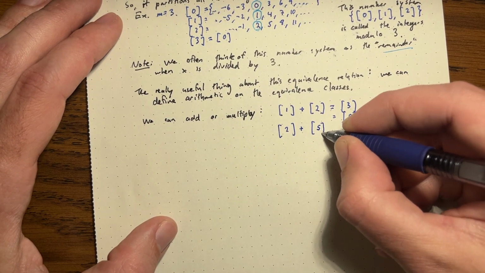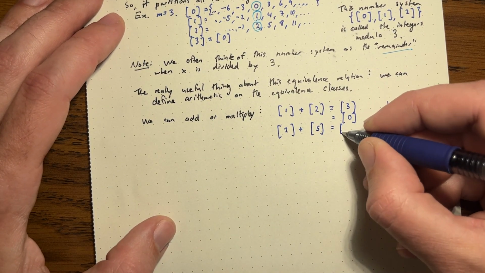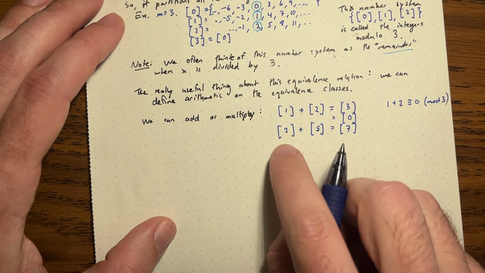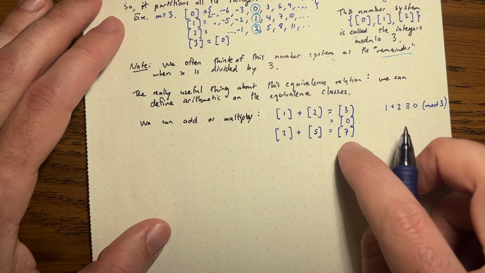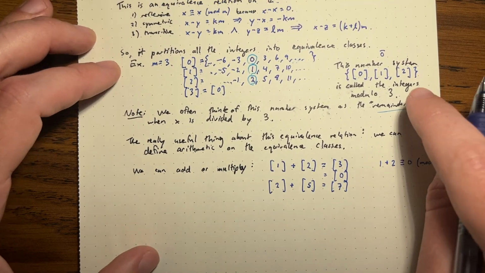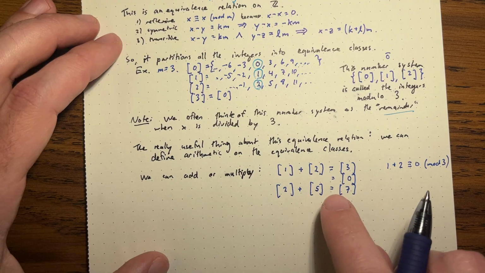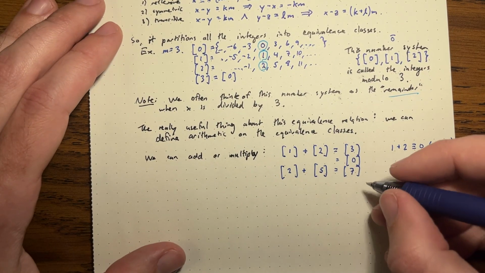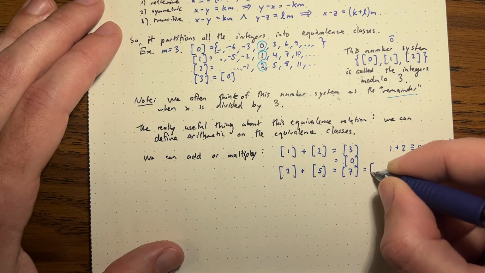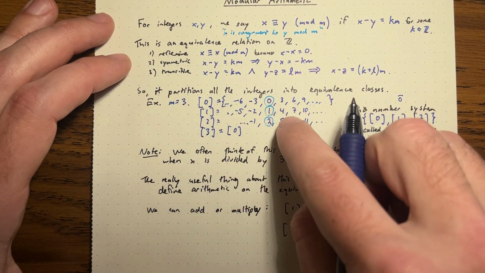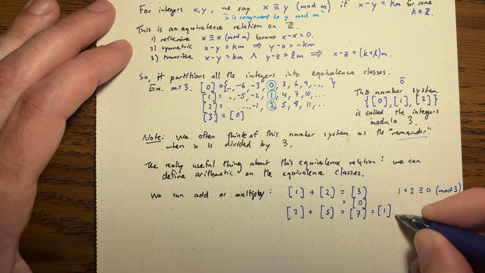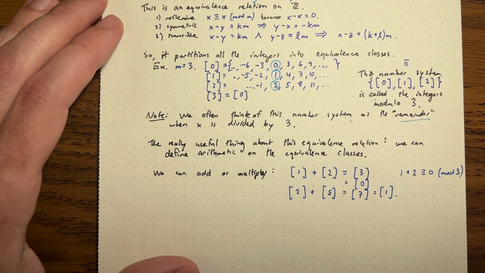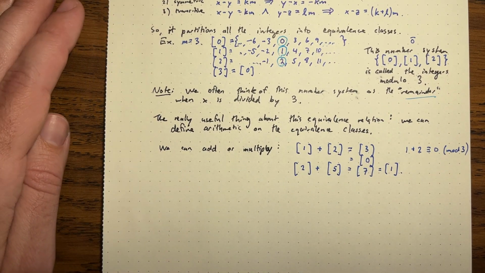So 2 plus 5, what's that mod 3? It's 7. So the idea is you just add normally as if they're integers. And then at any time you can replace a number with anything in its equivalence class. So 7 is what? Well, 1 is the representative that we have listed there.